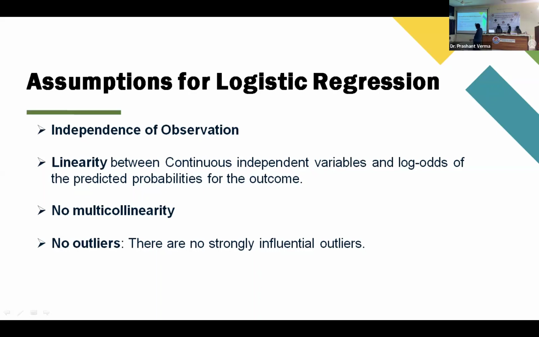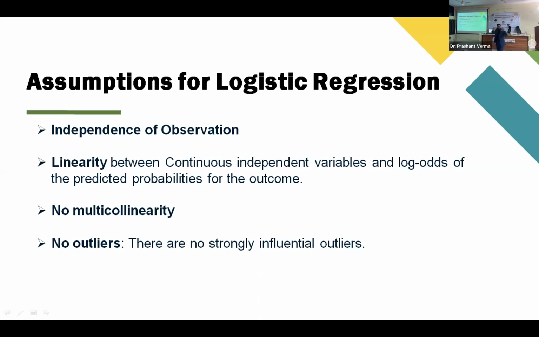Okay. So the first one is independence of observations. It means we are taking the data from different patients. The doctor is there, patients come, and they give information in a questionnaire or in some sort of app. They will not be correlated.